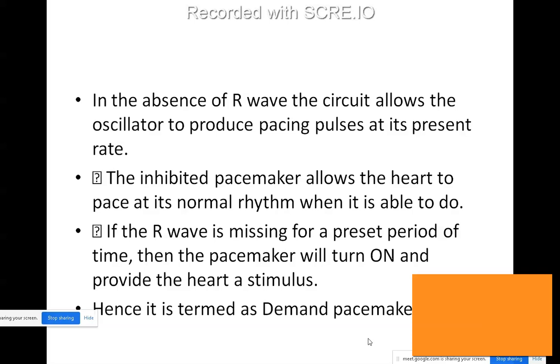So on demand only you are going to use the pacemaker for the heart; otherwise you will not be using the pacemaker. In the normal case you will not be using it. Only in the rare case, when your heartbeat is going down or increasing, at that time only you will use this demand pacemaker for increasing and decreasing the pulse rate.